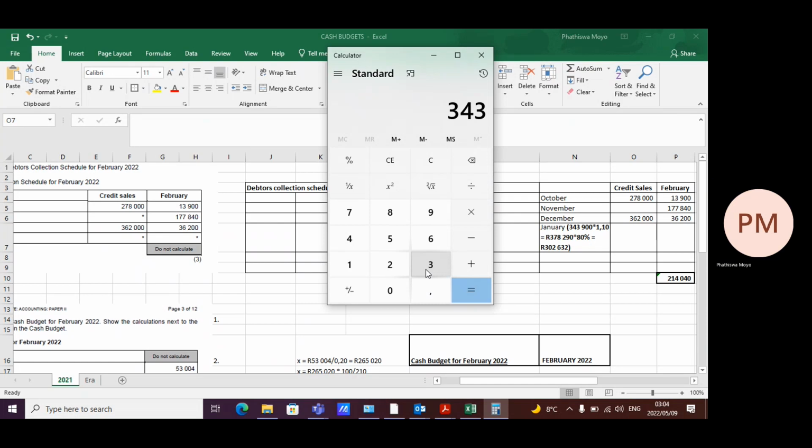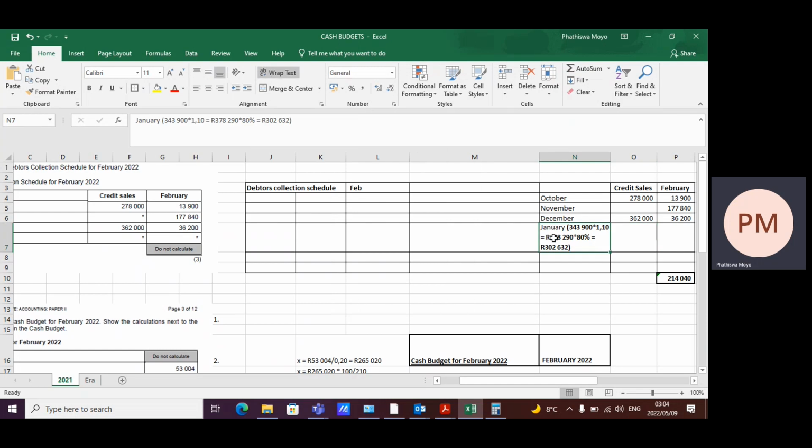343,900 times... plus 343,900 is 41268. So 20% increase.